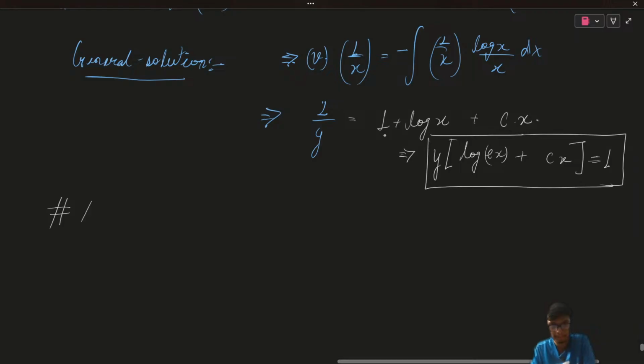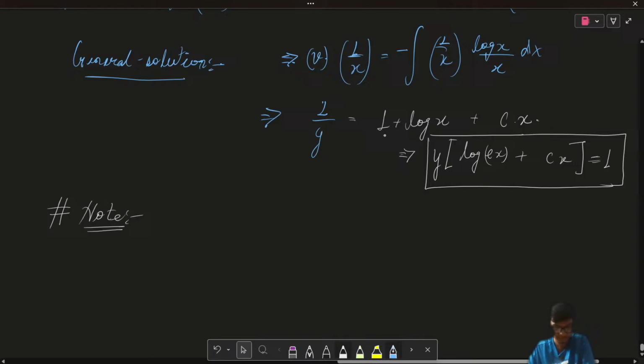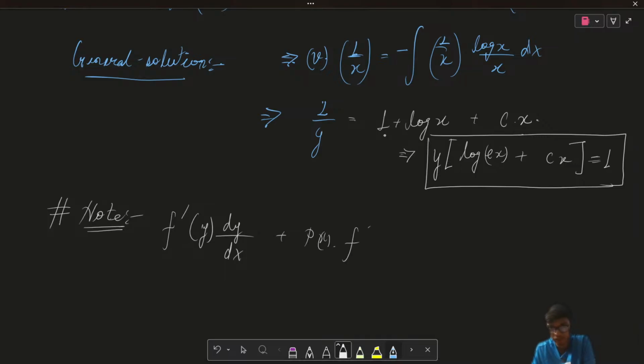We can have another type of equation which is reducible to a linear differential equation, that is, if I have f'(y) dy/dx + p(x) f(y) equals q(x), right?